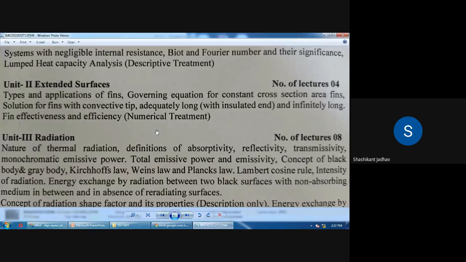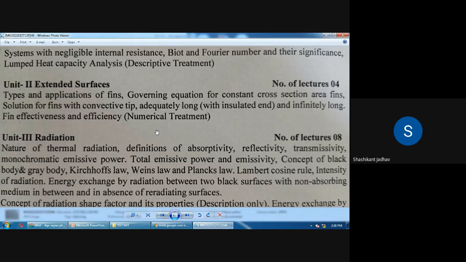After that we have to discuss the fin effectiveness and the efficiency, what the equations are for that, and solve some problems related to effectiveness and efficiency. So this is the syllabus of unit number 2, extended surfaces.